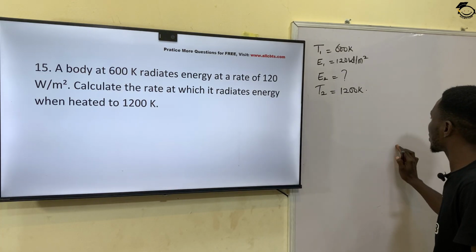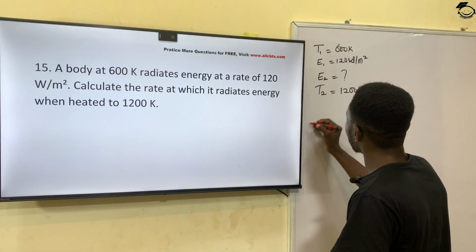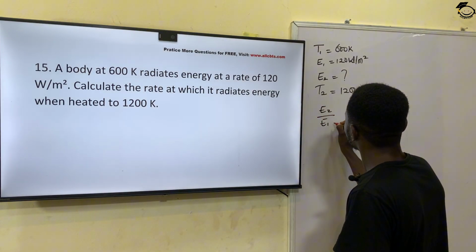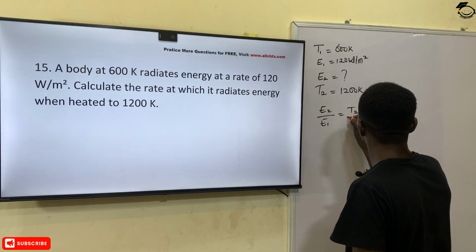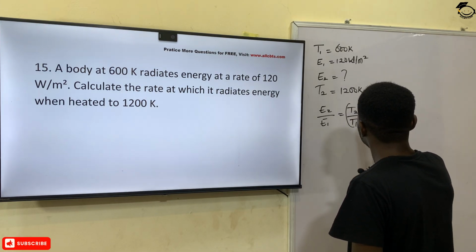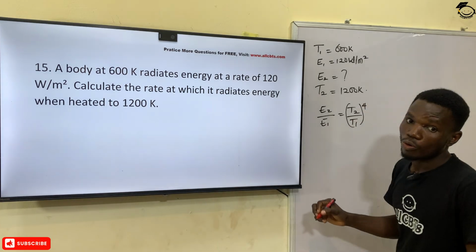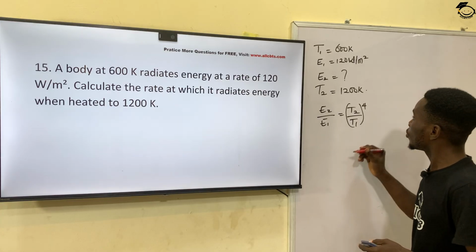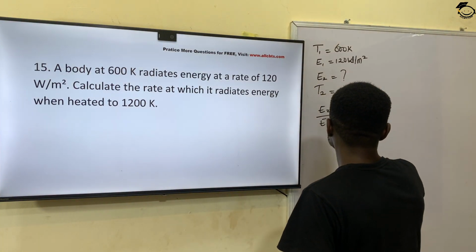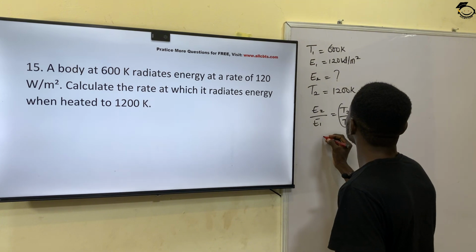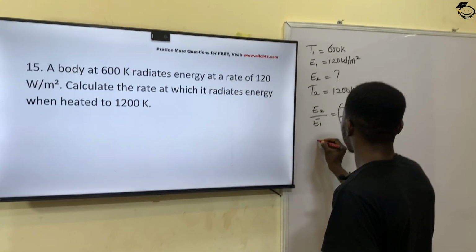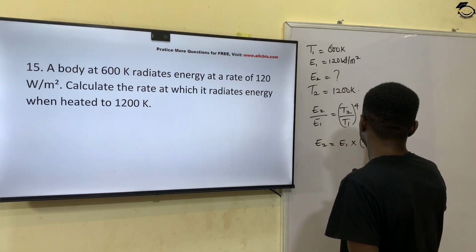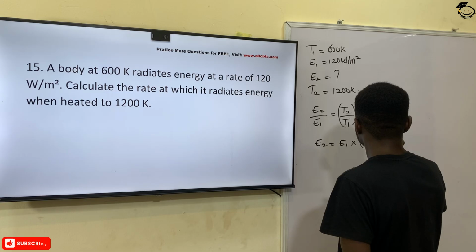If you do a ratio comparison here, your E2 over E1 is going to be T2 over T1 all raised to the power 4, according to the Stefan-Boltzmann equation. So if you apply the Stefan-Boltzmann equation, my E2 will be equal to E1 times T2 over T1 raised to the power 4.